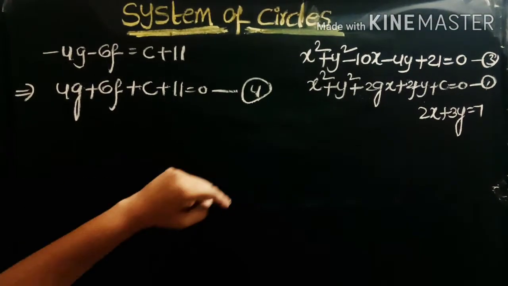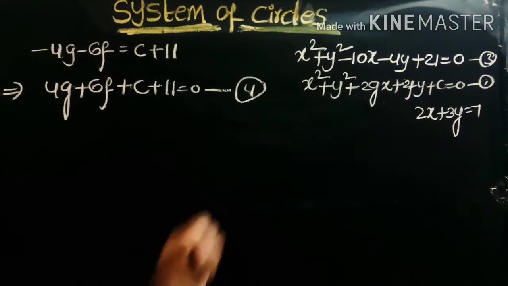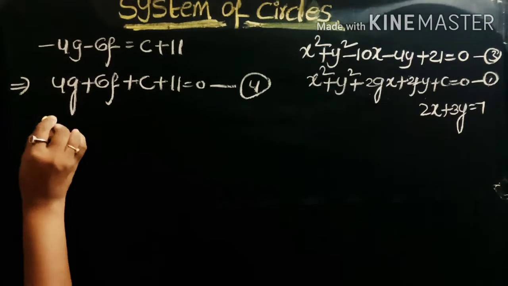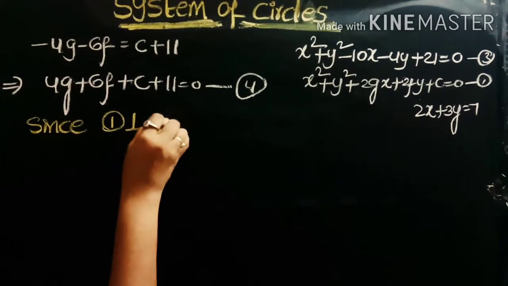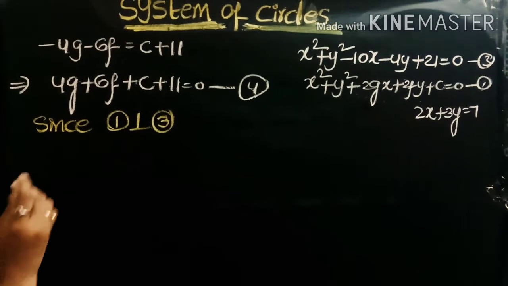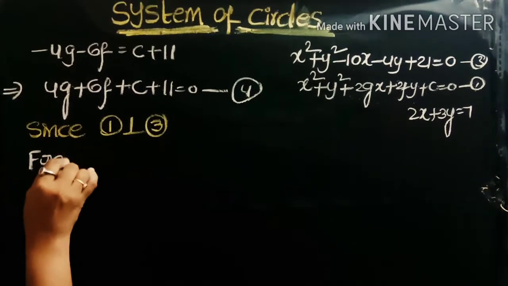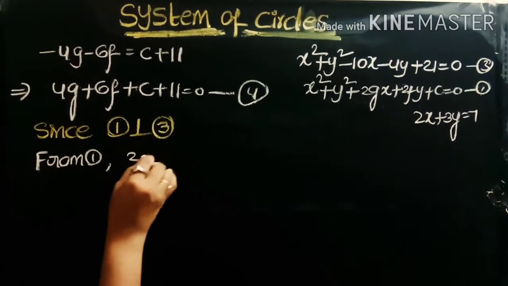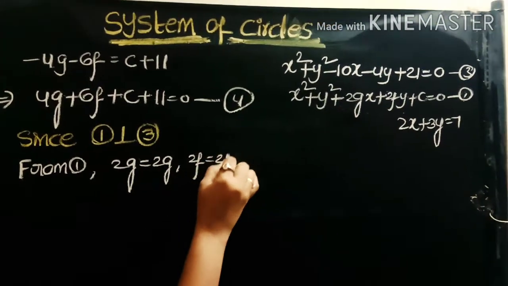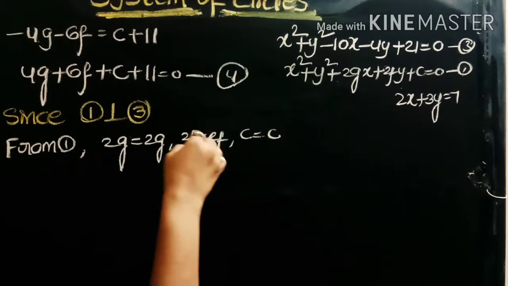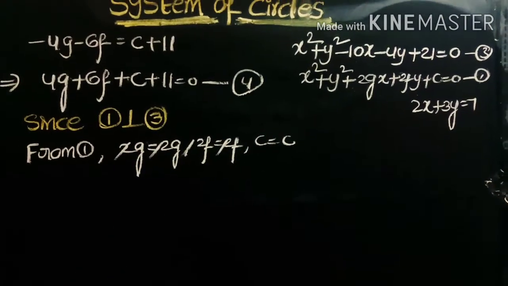Now we are applying the orthogonal condition to the circles 1 and 3. Since 1 is orthogonal to the third circle, we are taking the values first from equation 1. We have the values 2g is equal to 2g, 2f is equal to 2f, c is equal to c. Then g is equal to g and f is equal to f here.